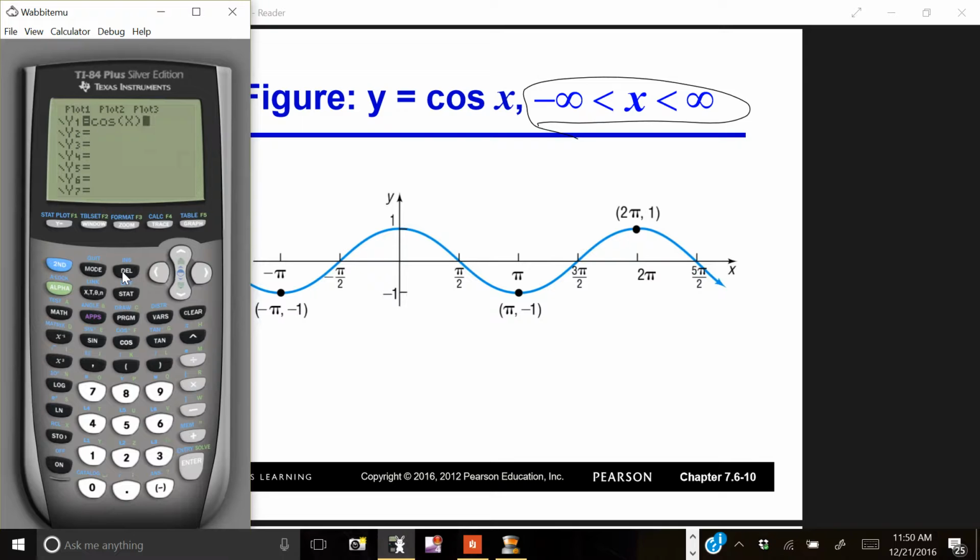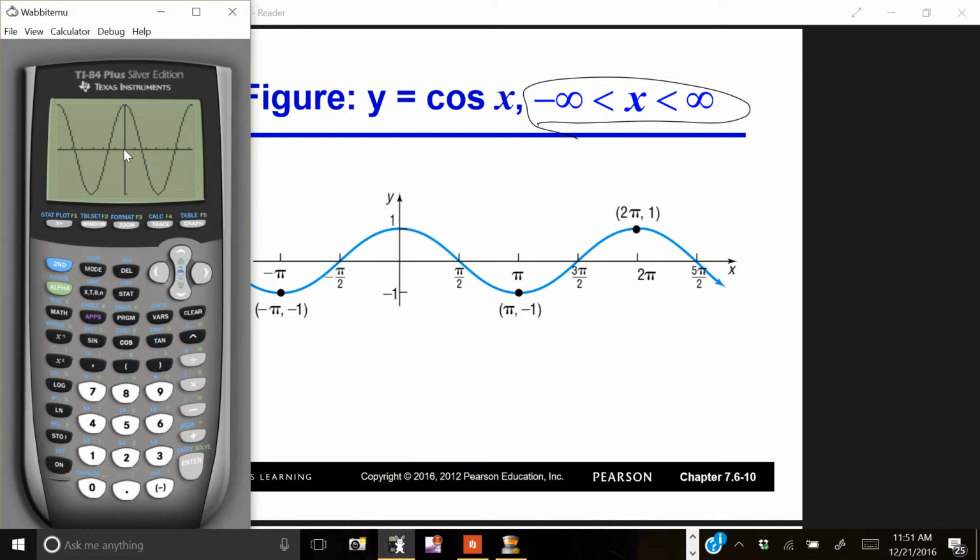And let's go from minus 2 pi to plus 2 pi. y min minus 1 and y max plus 1, and graph it, and we'll see now the cosine function.